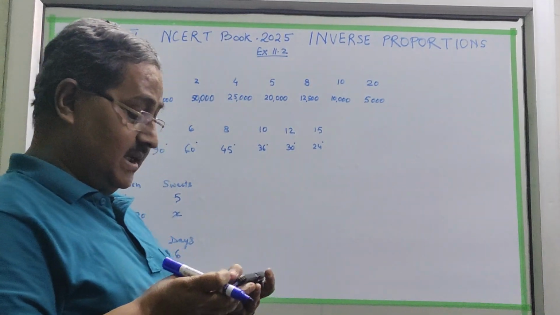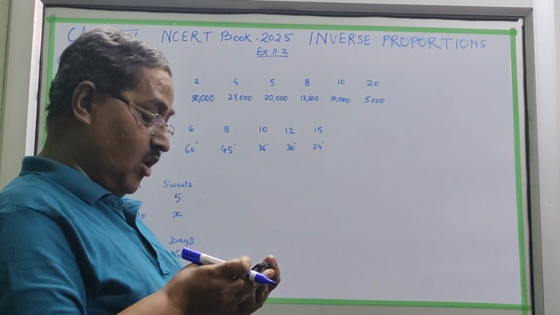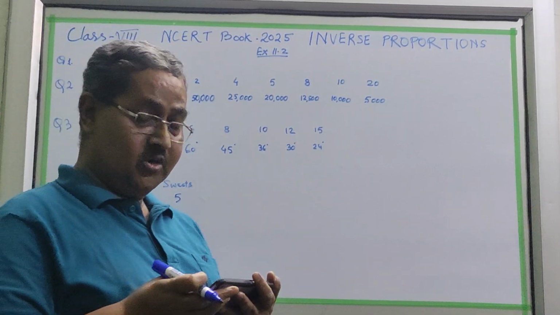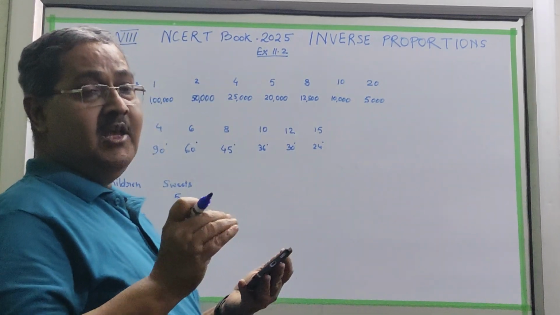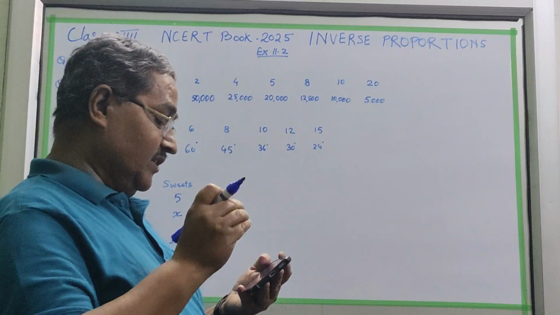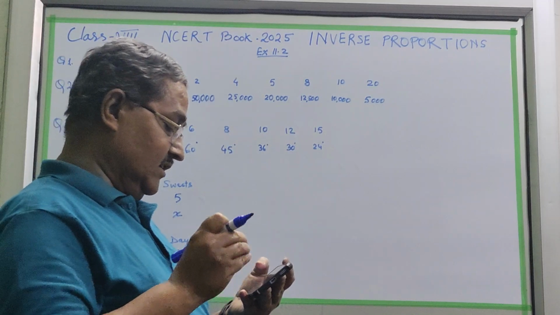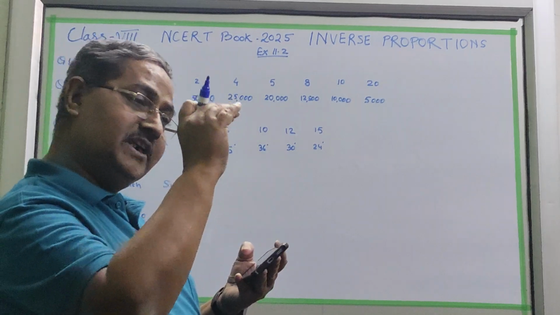So in question number 11.2, now coming to the first point, the number of workers on a job and the time to complete the job. So if the number of workers is increased, the time to complete the job will be reduced.